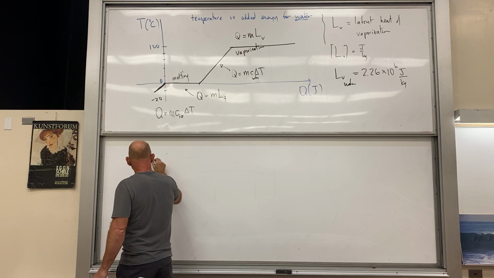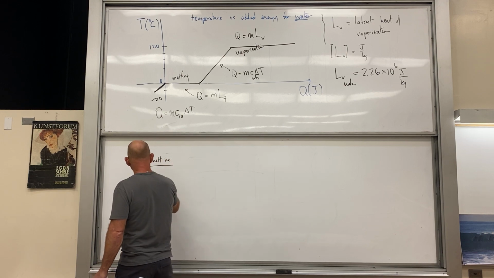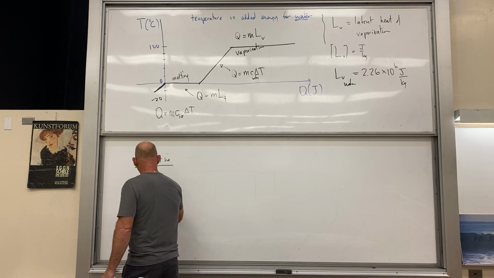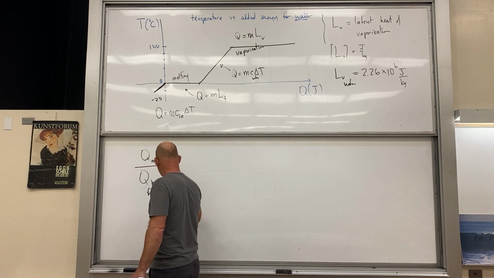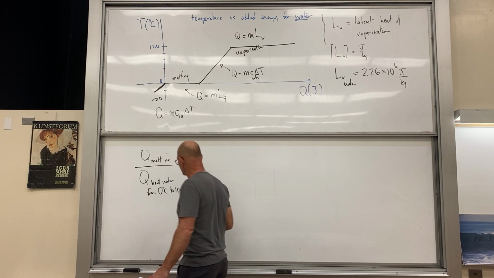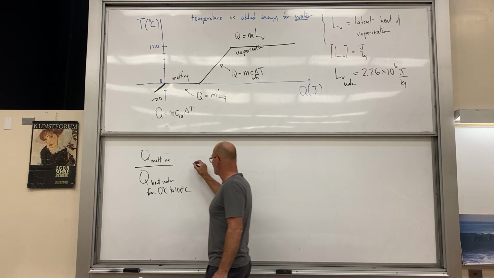So Q sub melt ice divided by Q sub heat water from 0 degrees Celsius to 100 degrees Celsius. Those are the two amounts of heat that we're comparing.